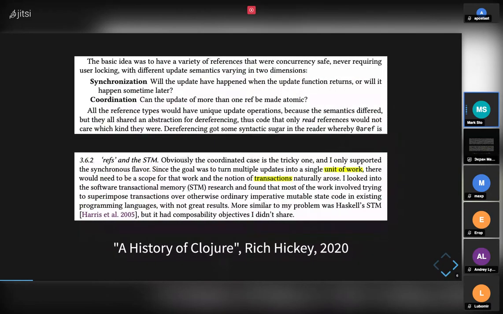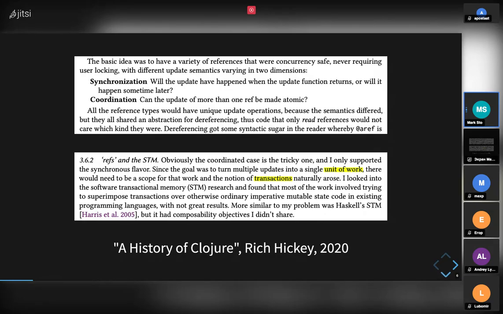So Clojure models mutable state as reference types that are concurrency safe and don't require user-managed locking. There are two key axes of update semantics for these reference types: synchronization and coordination. Synchronization is obvious. The update takes effect by the time the call returns, or asynchronously otherwise.